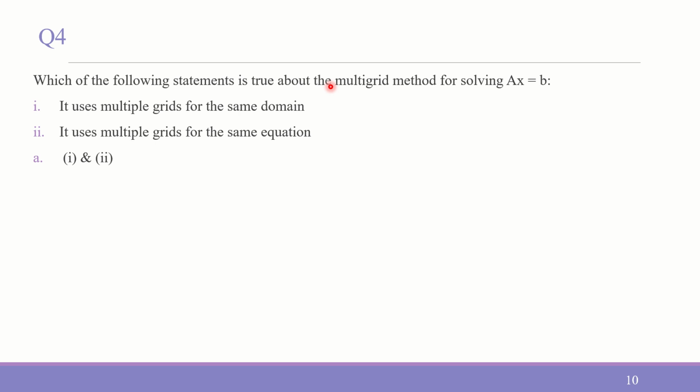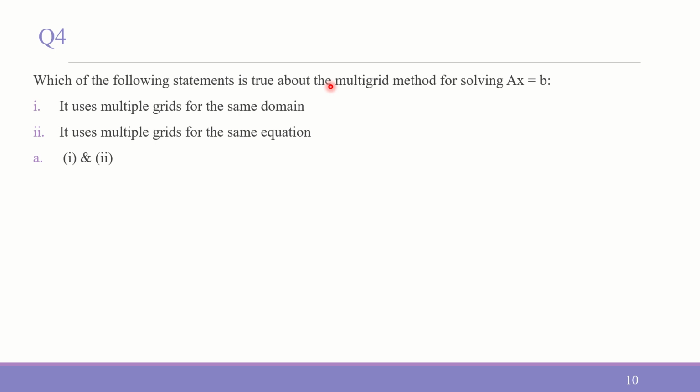In the multigrid method, we are using a series of grids, from finer to coarser grids, and that too for the same domain. So we are using multiple grids for the same domain. That is, the first statement is true. Second statement, we are using multiple grids for the same equation. Again, this is true because we are solving for the same equation only.